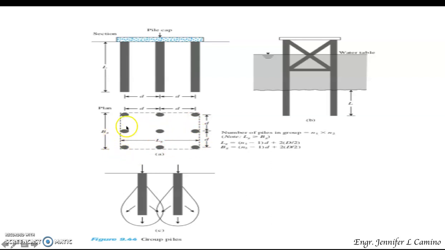We have to take note, this is our B sub G, and this one is our L sub G. L sub G is N1 minus 1 times D plus 2 times D over 2, and B sub G is N2 minus 1 times D plus 2 times D over 2. The number of piles in the group should be equal to N1 times N2. And we have to take note that L sub G here is greater than or equal to B sub G.